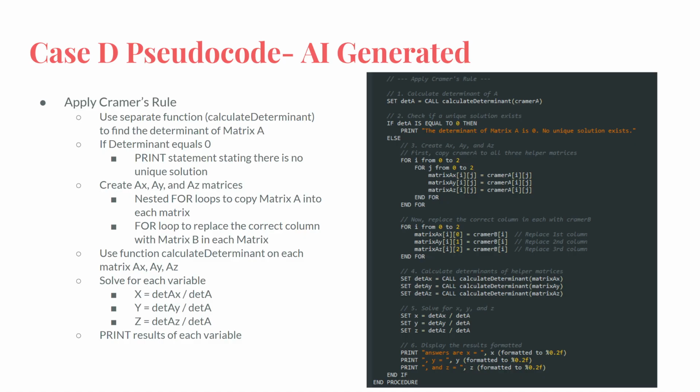If that is not the case, it goes into the else statement using a nested for loop to find AX, AY, and AZ.